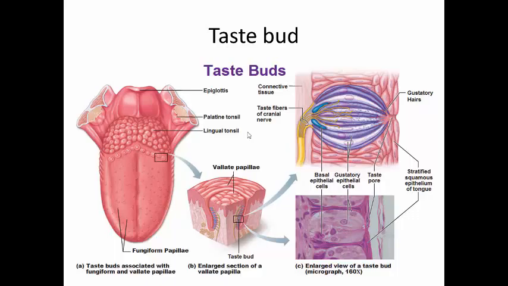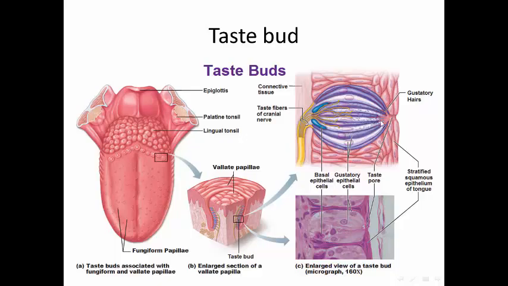Again, taste buds are globular structures. They have 2 basic types of cells: the basal epithelial cells, or the basal cells, and the taste cells. The basal cells, as the name implies, are responsible for the renewal of the taste cells, while the taste cells are the functional cells present inside the taste bud.